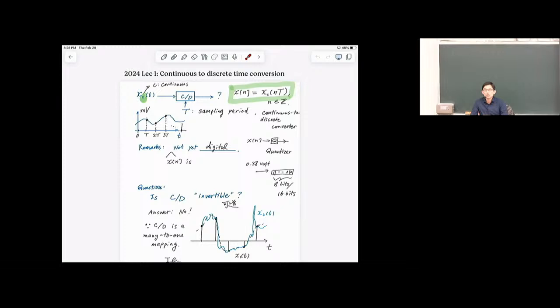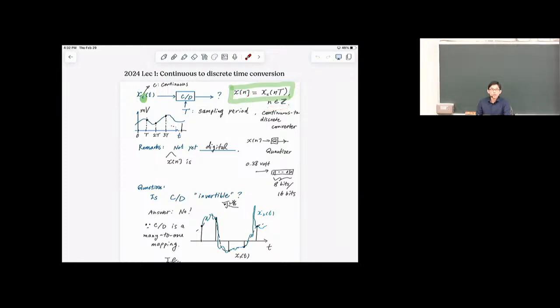D, strictly speaking, does not stand for digital yet. We're talking about continuous time to discrete time conversion. The equation that describes this action is as follows. After the conversion, the result is a sequence of numbers, indexed by n being integers.